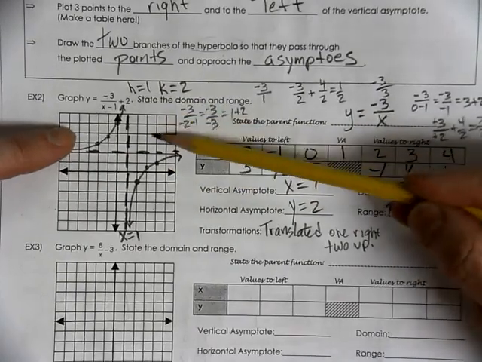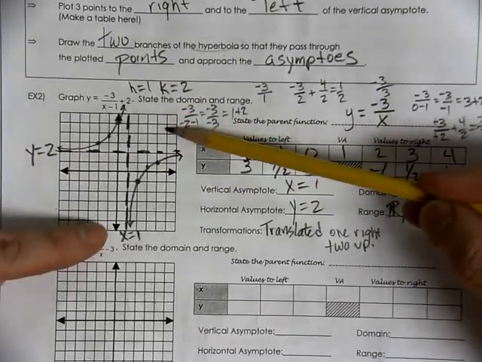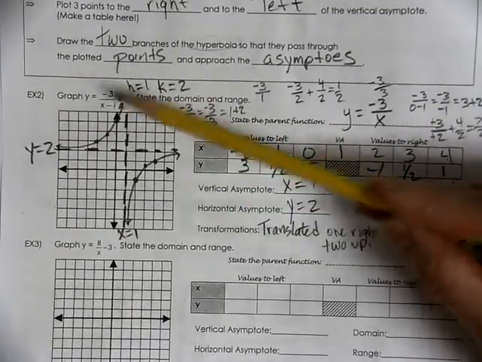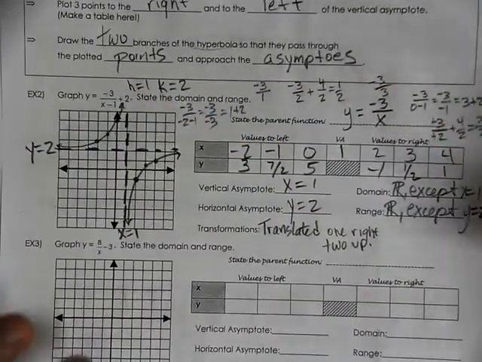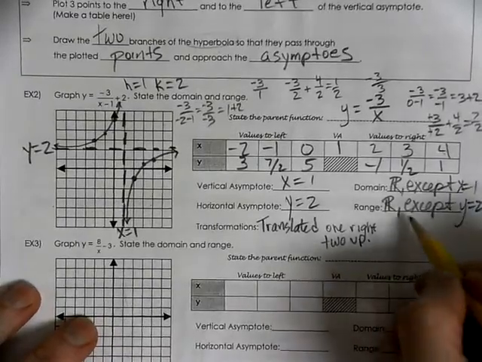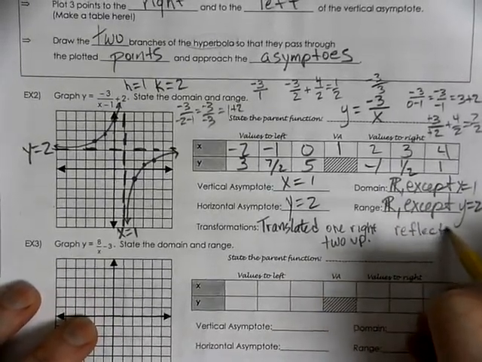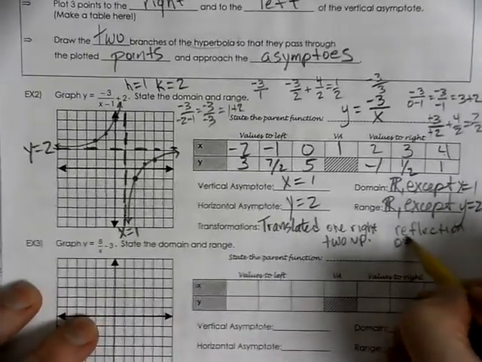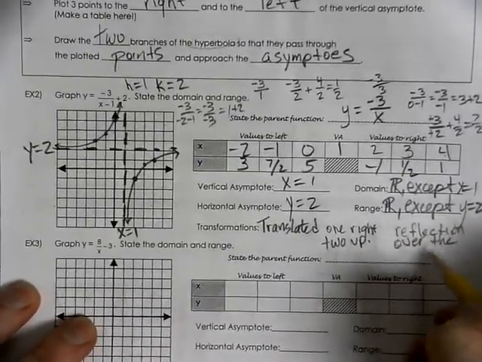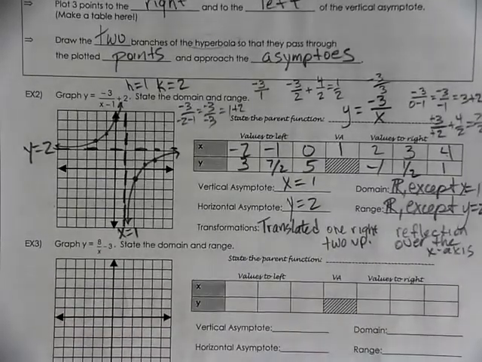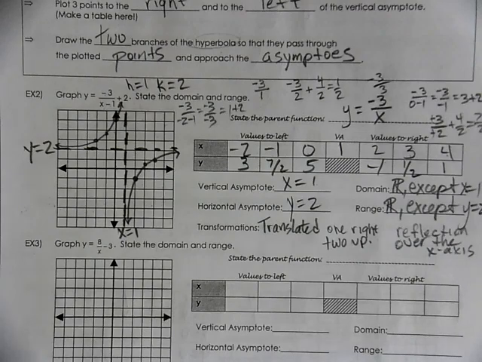Our other graphs have been in the first quadrant and the third quadrant. This is now in the opposite quadrants because of the negative on the 3. Reflection over the x-axis. Those are your 2 different transformations that are happening to this graph.